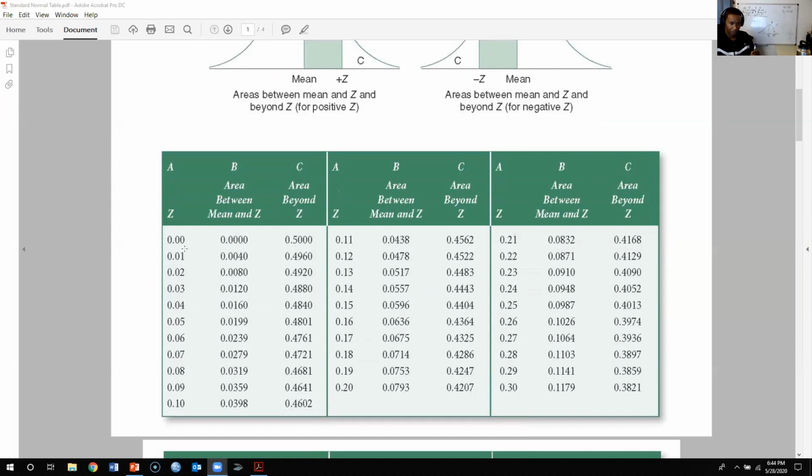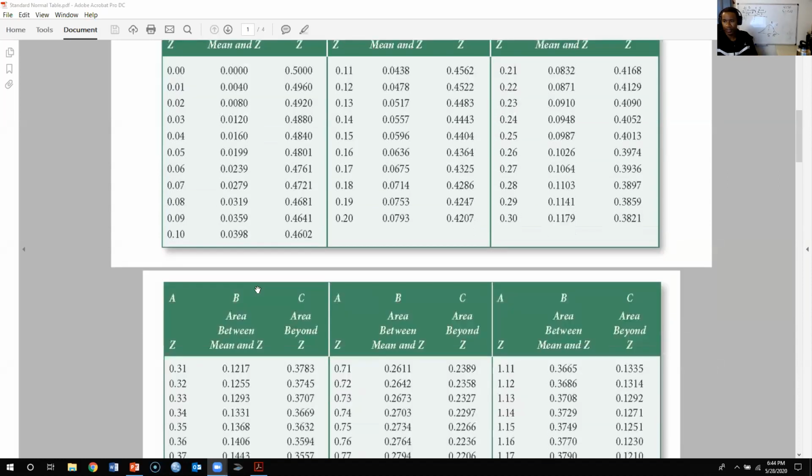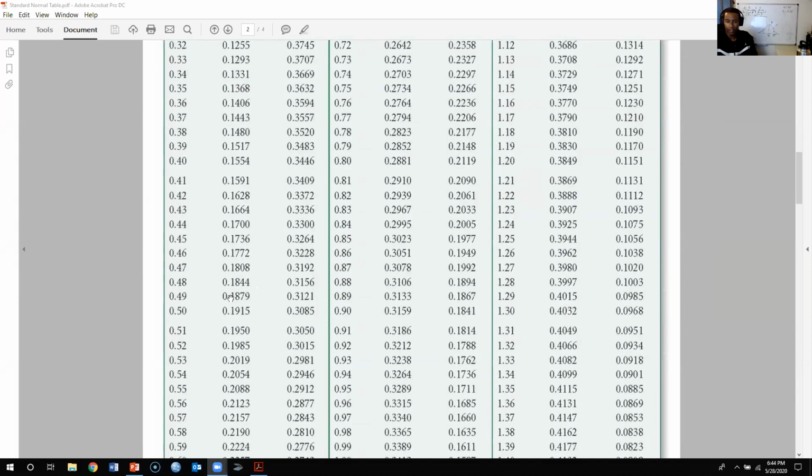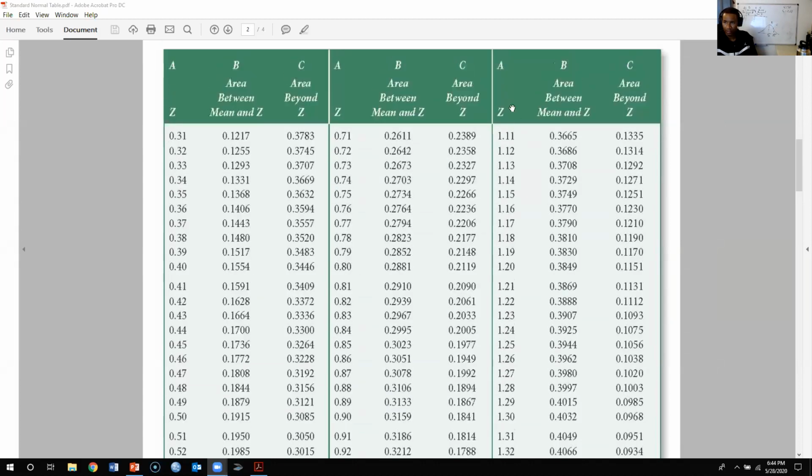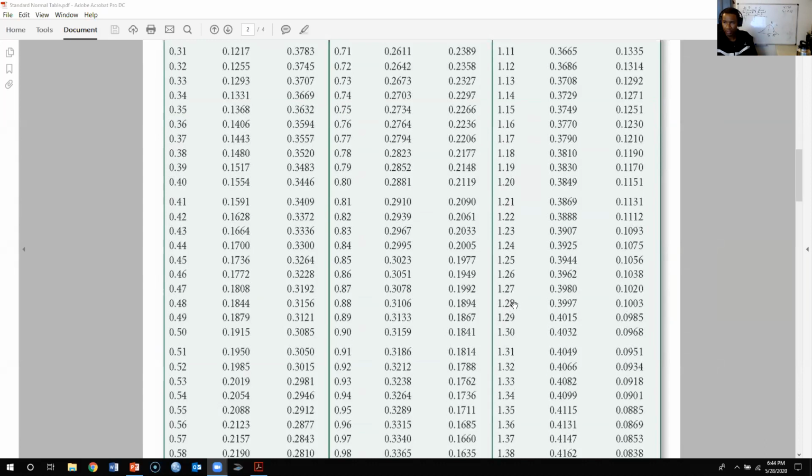I was looking here, here, here. Okay, I think I just found 1.28. So in the A column, I see 1.28 right here. And then in the B column I see 0.3997, and in the C column I see 0.1003.